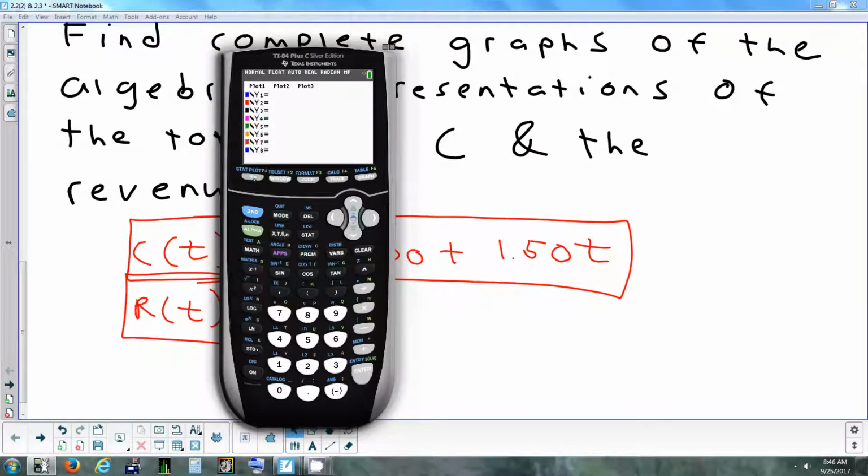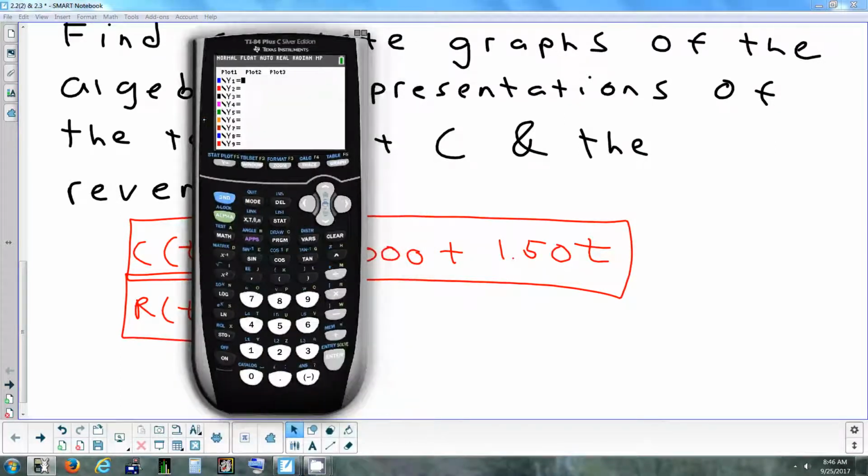Okay, now I've got to type in my equations. 200,000 plus 1.5, and remember to use x as the variable this time, and 4x. So I did something wrong on my window. Let me just check. Oh, Lyman, I had those reversed. So 0, 250,000. Right, so let's see what it looks like.